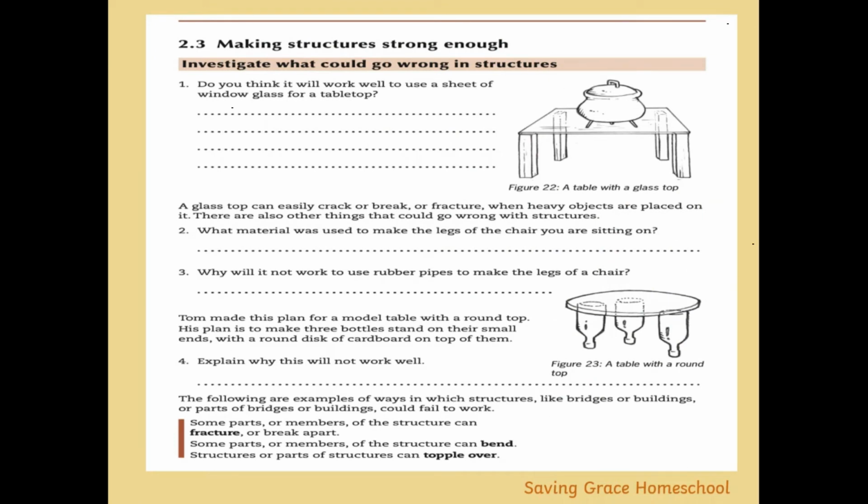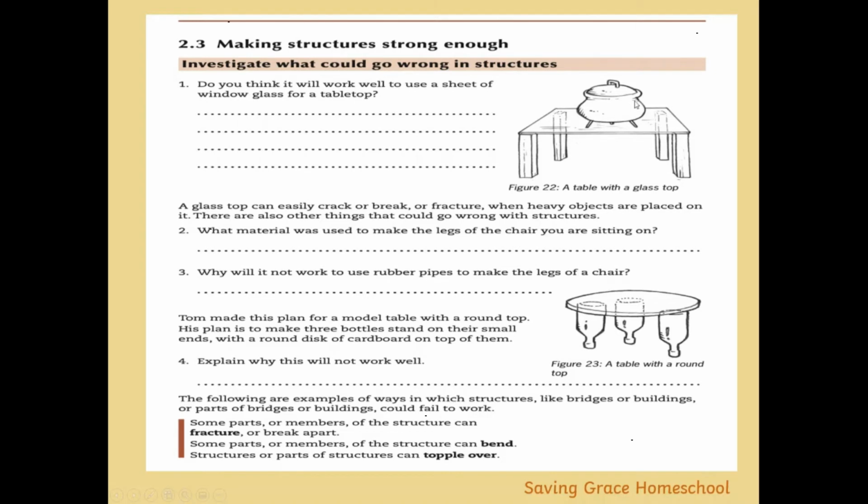So yeah, making sure that structures are strong enough. Here's an example so we can discuss what we mean by strength and how we apply the right materials and right concepts when we build or use these kinds of structures. So here I've got a table with a glass top.